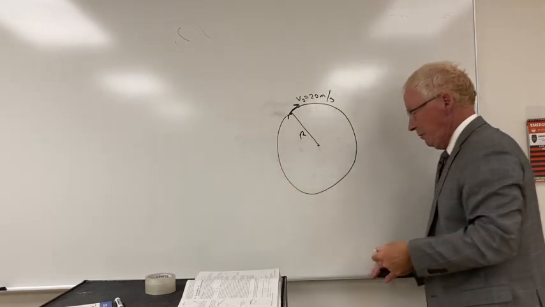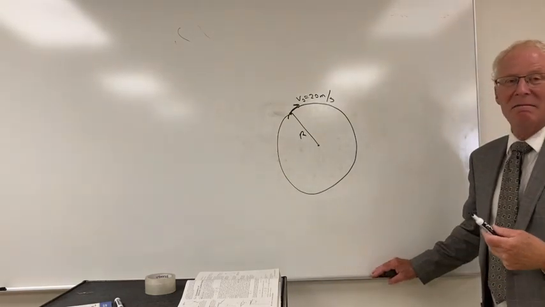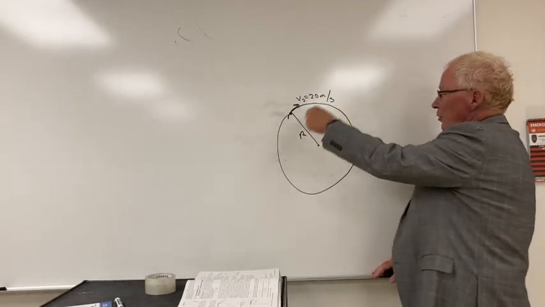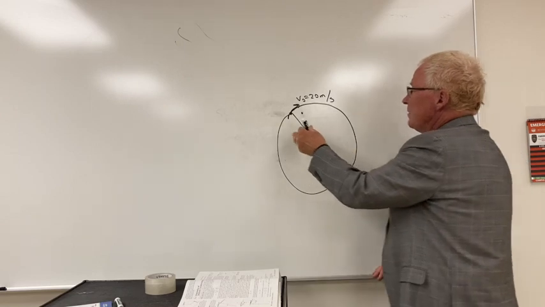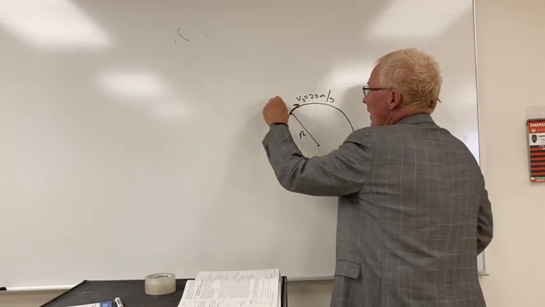Now you've seen that when you go on merry-go-rounds or anything, even though you're going at constant speed, you are feeling acceleration because you're feeling like you're being pulled out.